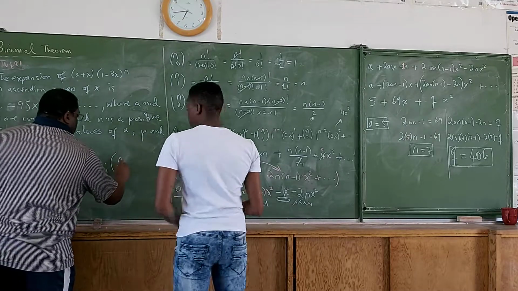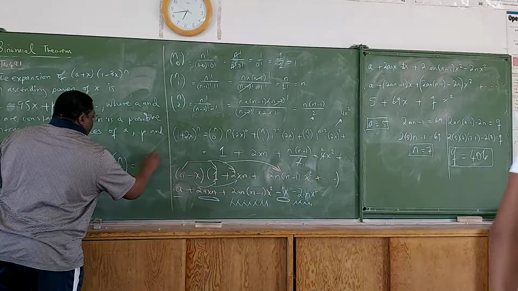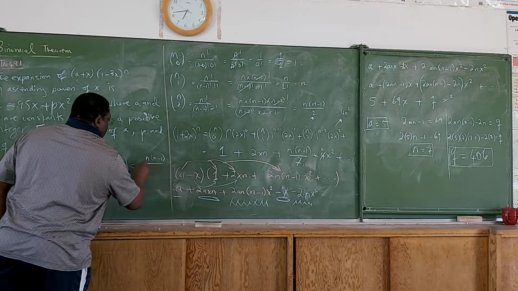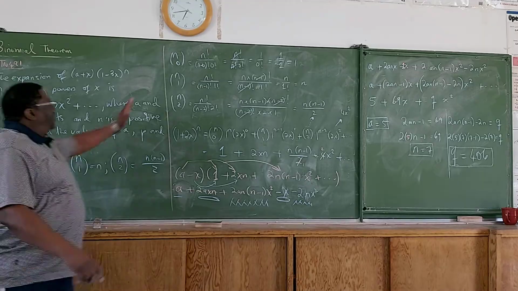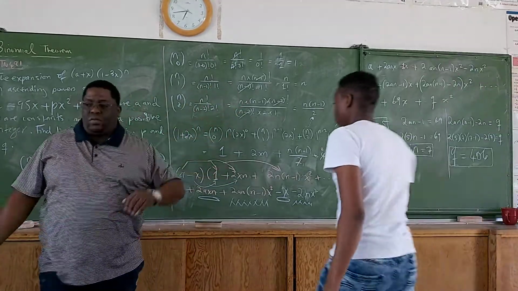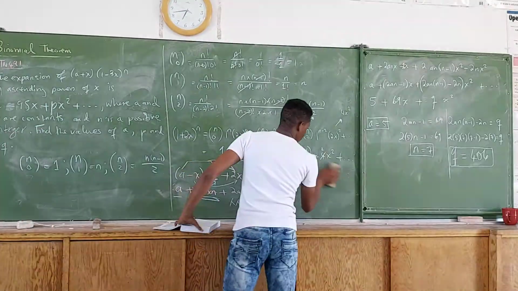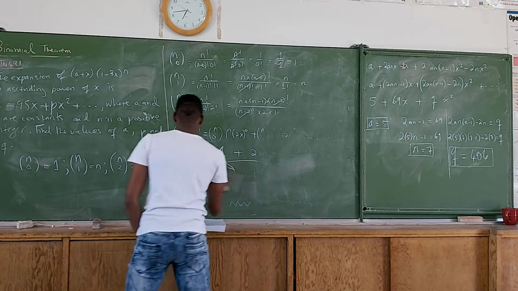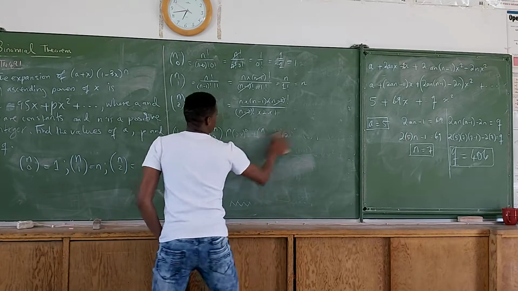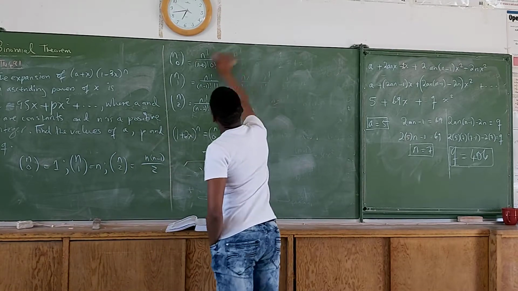And nC2 is equal to n(n minus 1) over 2. Now you can actually take them away now. You can take this off, the whole thing, then you'll have enough room to work. So that is quite important that you must do that.